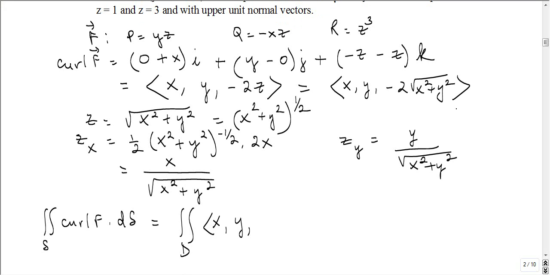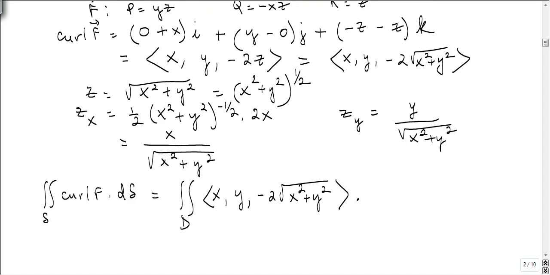Okay, so let's write this. So that's minus 2 square root of x squared plus y squared. And then we are dotting this with the normal, which is minus partial z partial x. So that's minus x over square root of x squared plus y squared.